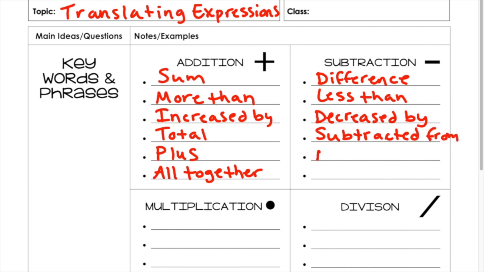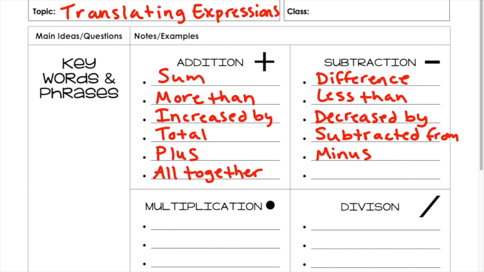And minus. If you notice, these are essentially the opposites to what you see on the other side for addition. So more than would be addition, less than would be subtraction. Increase by addition, decrease by subtraction. So these are some keywords that we will use when we are adding or subtracting.